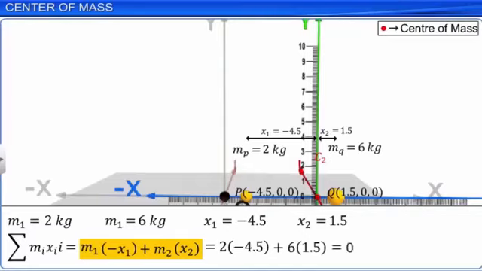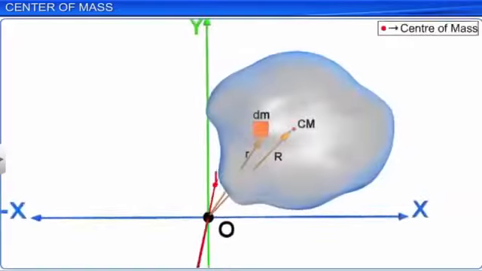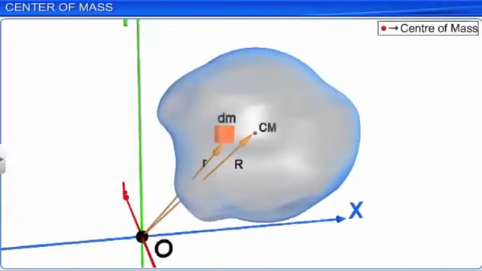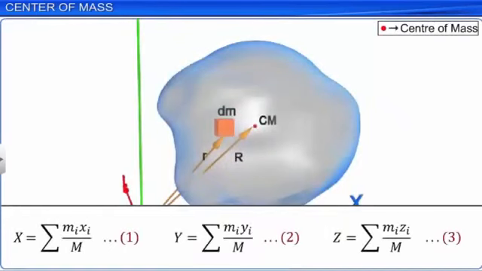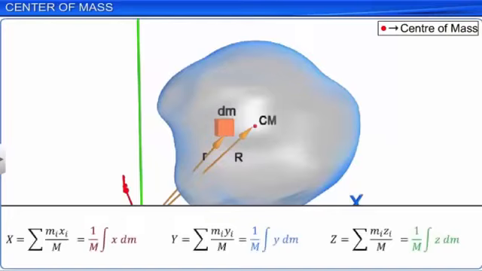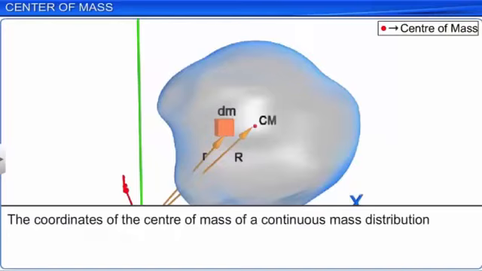When we deal with rigid bodies of continuous distribution of matter, we need to replace the summation symbol sigma in equations 1, 2, and 3 with an integral symbol. The coordinates of the center of mass of a continuous mass distribution is denoted by x is equal to 1 by m integral of x dm.